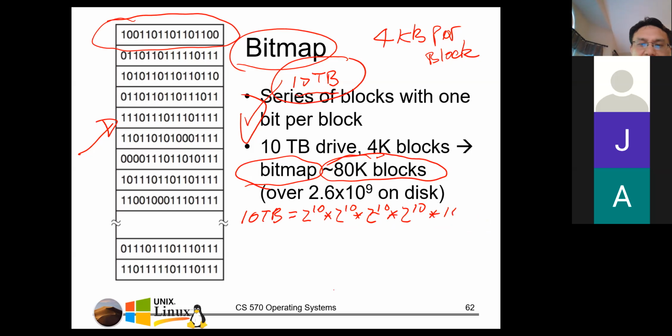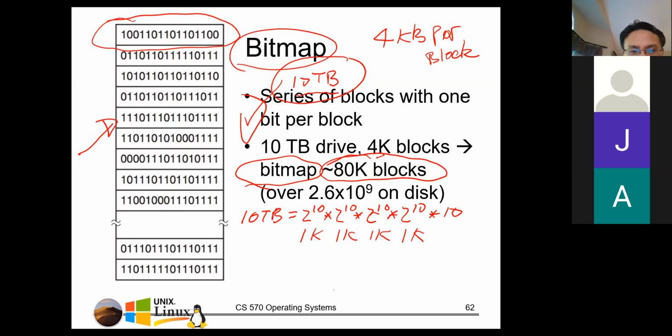One terabyte is essentially 1K multiplied 4 times, right?